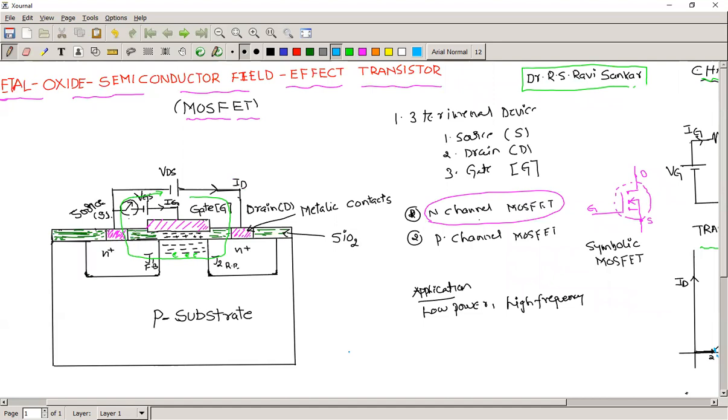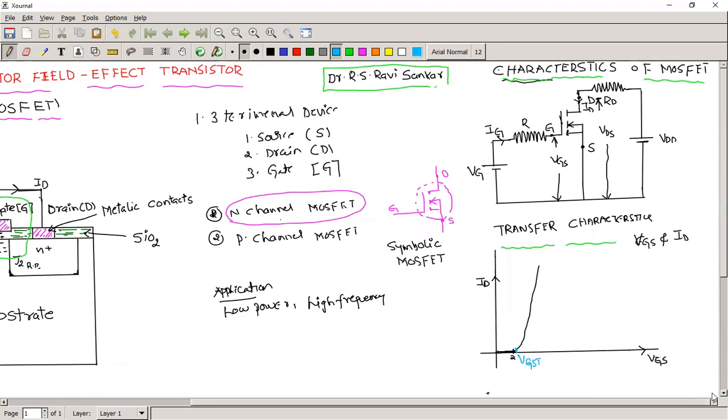So what are the disadvantages in BJT? Almost all disadvantages we can overcome by going for the MOSFET. The switching frequency of the MOSFET is far greater than the SCR. Now here we studied the characteristics of the MOSFET. There are two characteristics: one is the transfer characteristics and one is the output characteristics.